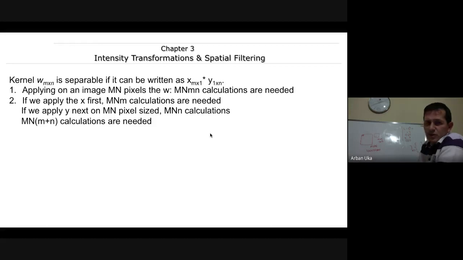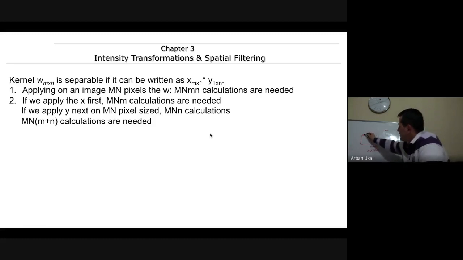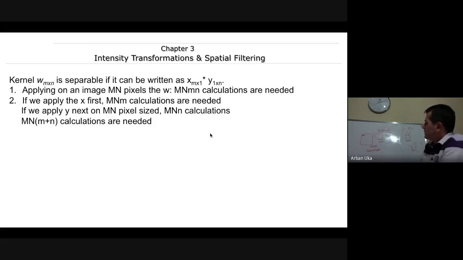So the number of multiplications for a single pixel is going to be m times n. But this is only for one pixel. Then we have to multiply this by the number of rows, and then also by the number of columns. So in principle, this is the total number of calculations needed when we implement a kernel which is a 2D matrix.